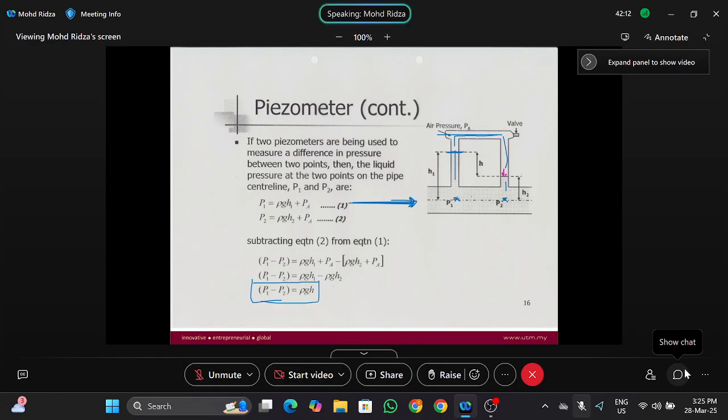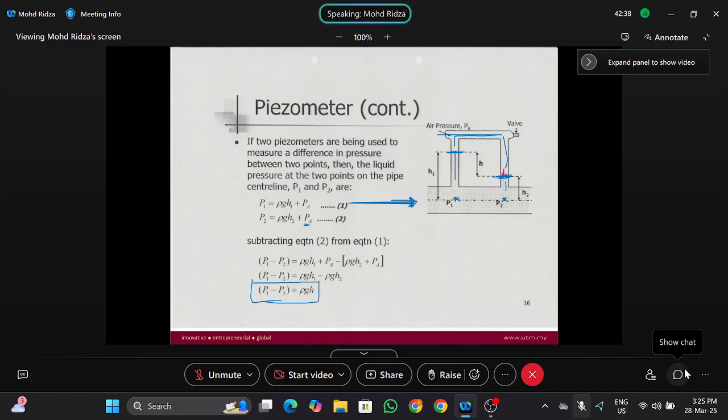Rho is the density of the fluid, g is gravity, and H1 is the distance from this surface to point 1. Straightforward. What is the pressure at 2? The pressure at 2 is also atmospheric pressure, air pressure PA, but now plus rho g H2, because the distance from this surface to point 2 is only H2.